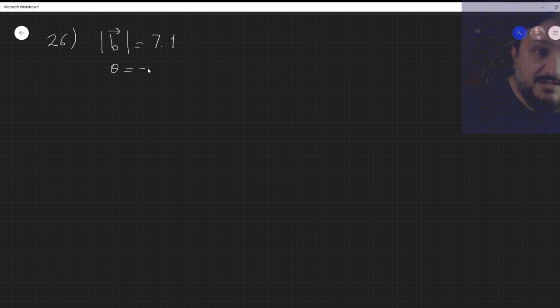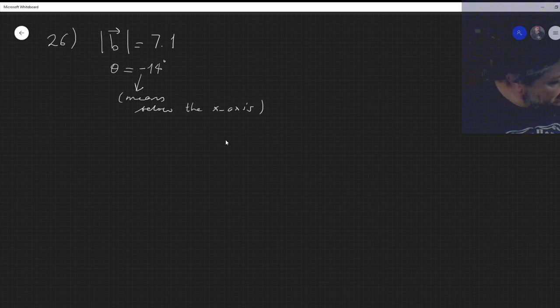I'm going to use a negative sign. Remember I said there's an alternative way. So theta is negative 14 degrees. The negative sign just means below the x-axis. Okay, that's B. Pretty much we know everything about the vector with these two.